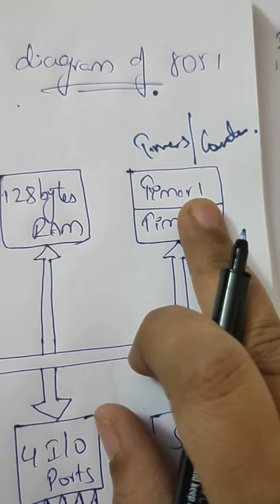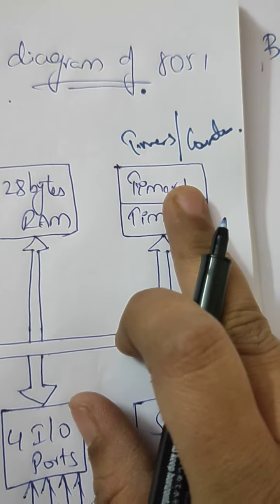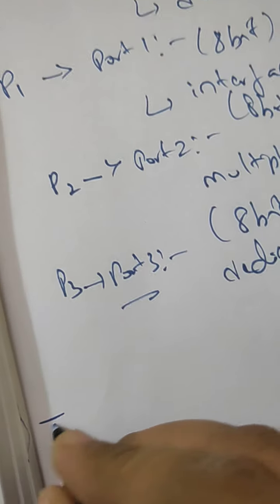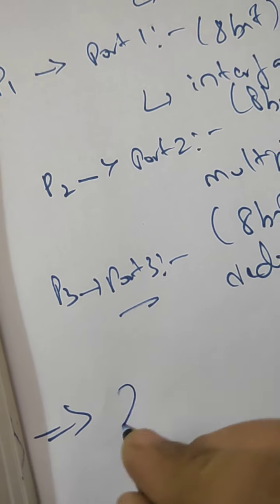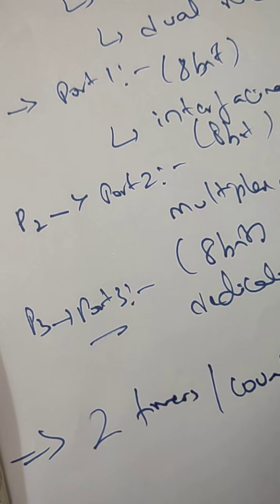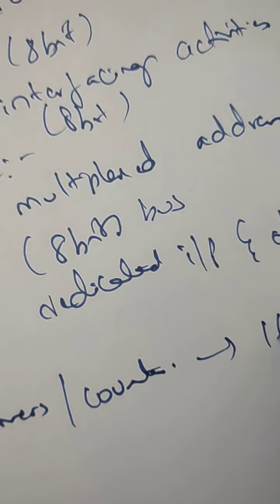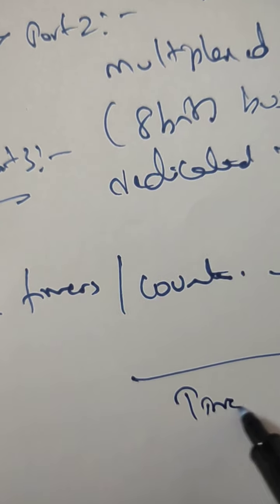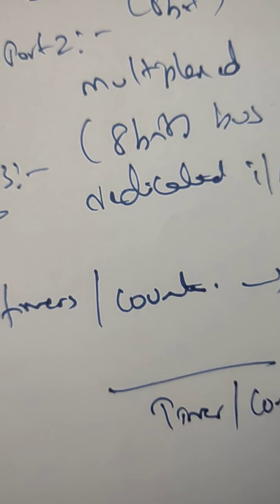There are 2 timers or 2 counters, each of 16 bits of data.